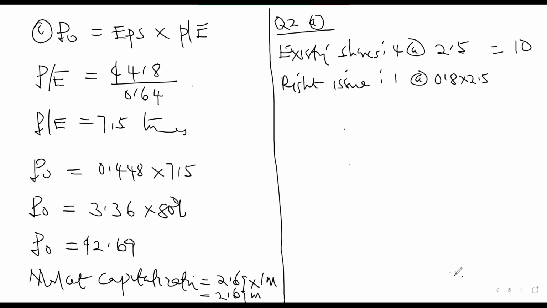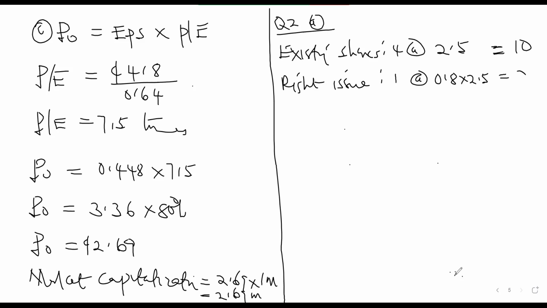Because the rights issue will be at a discount of 20%, it means you'll be getting only 80% of the current market price. What are we getting? 2. You get 2.